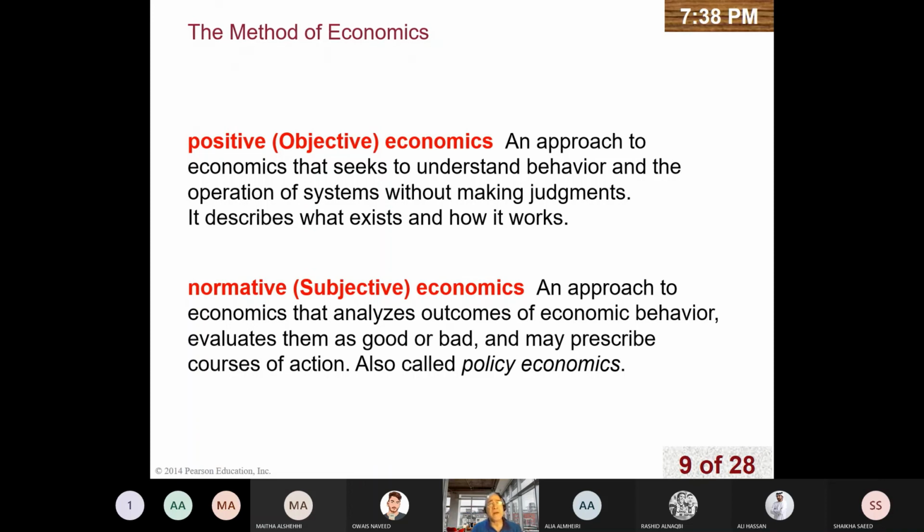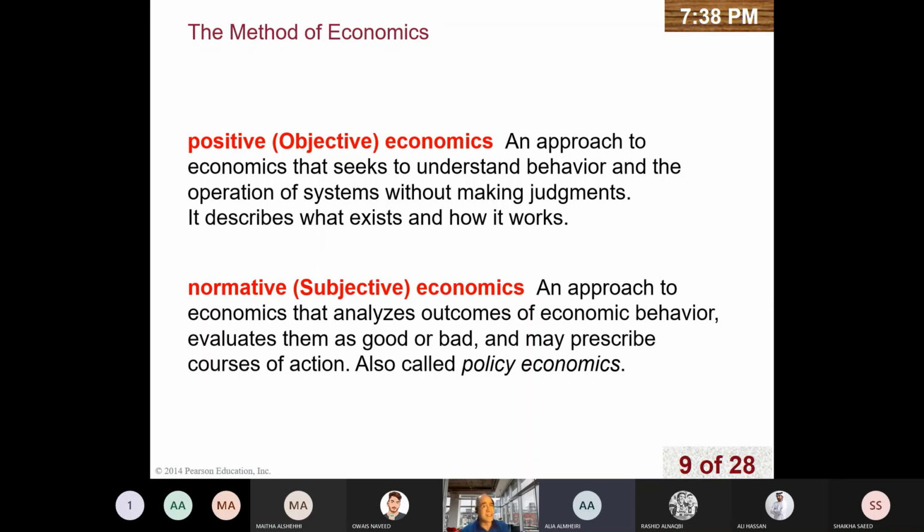But there is another branch of economics which is called normative or subjective economics, as I said in Arabic, الاقتصاد المعياري. It is an approach to economics that analyzes outcomes of economic behavior, evaluates them as good or bad, and may prescribe courses of action, also called policy economics.